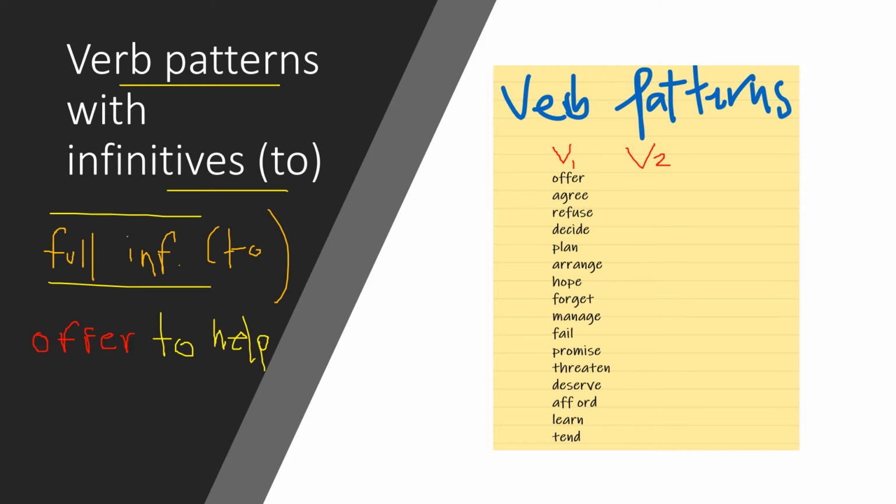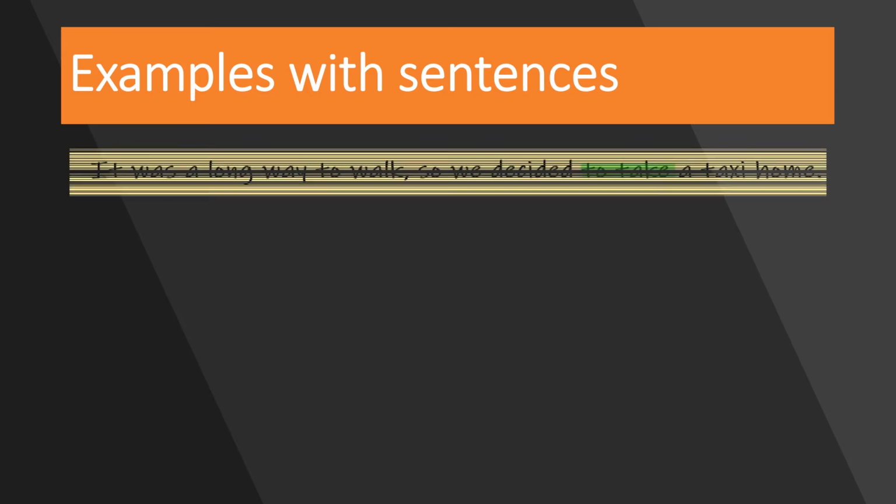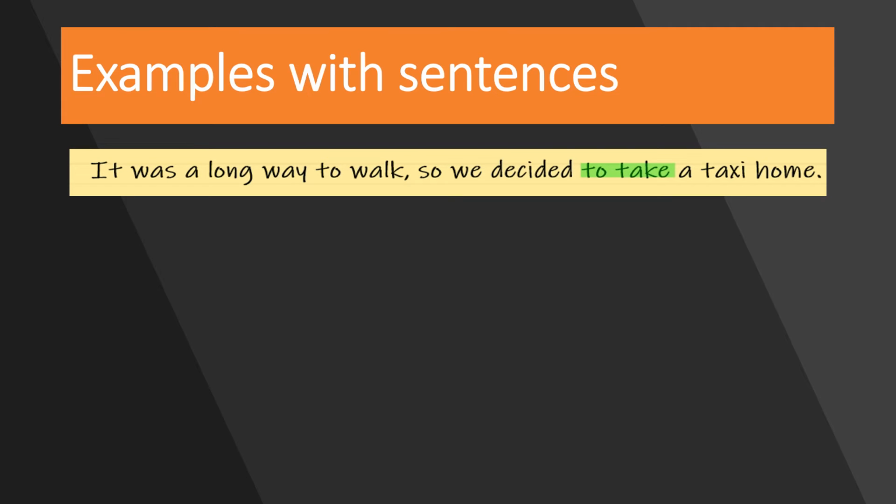Well, let's get it with the next information. We continue. It says here we have more examples with these verb patterns. Just take a look at it. The first one says, it was a long way to walk, so we decided to take a taxi home. You see, we decided to take.